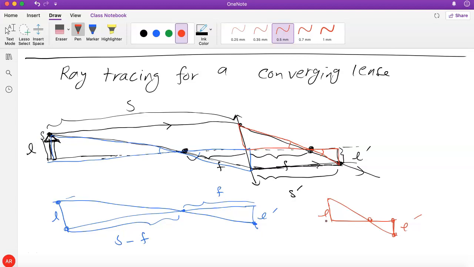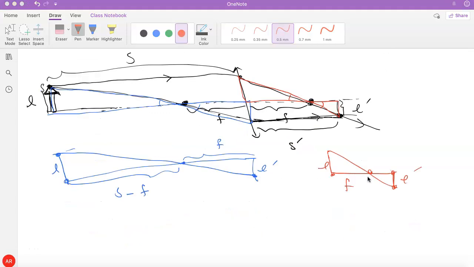This distance from here to here is F. And this distance from here to here is going to be S prime minus F, right? So from here to here I have S prime, and from here to here I have F. So this is S prime minus F.